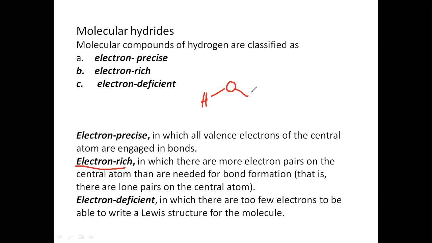This is water, and it contains two lone pairs. Whenever the central atom has a lone pair, such hydrides are called electron rich hydrides.